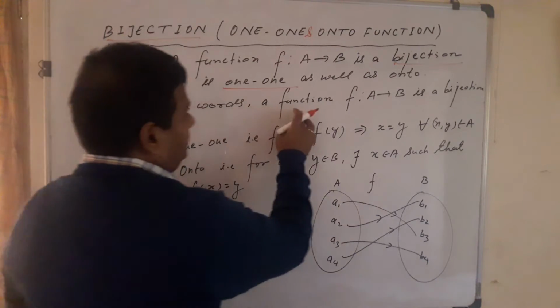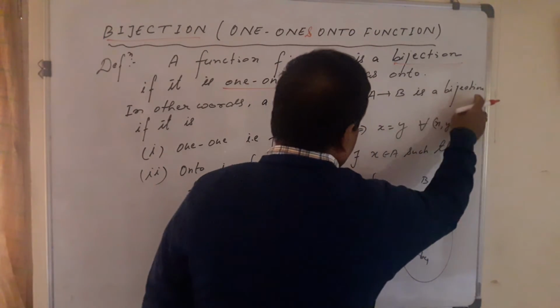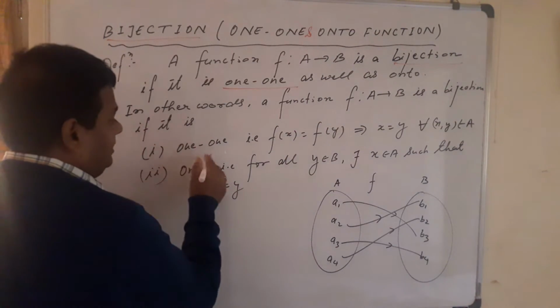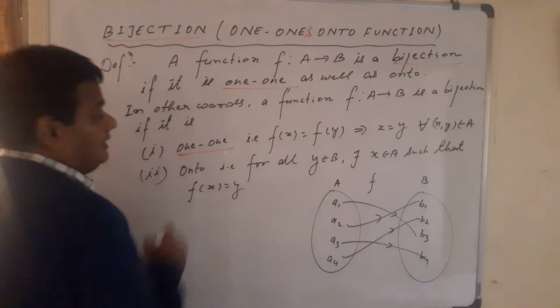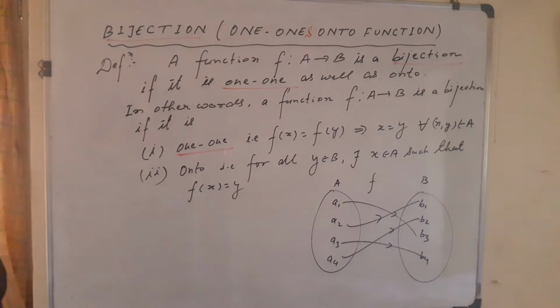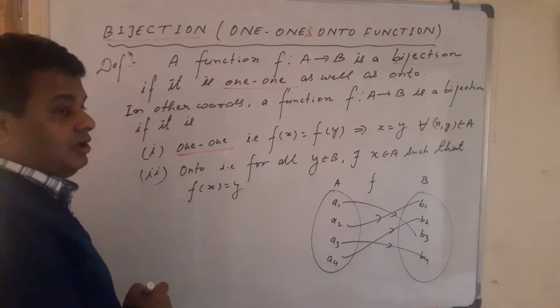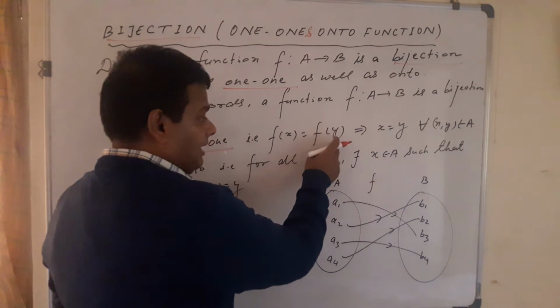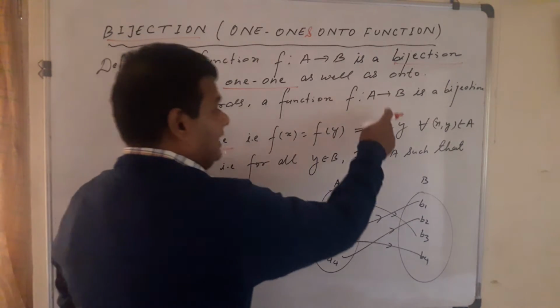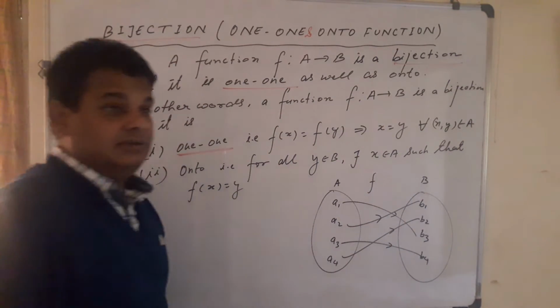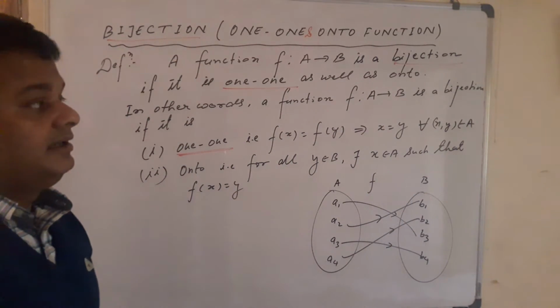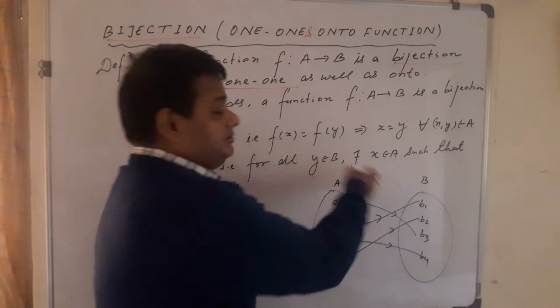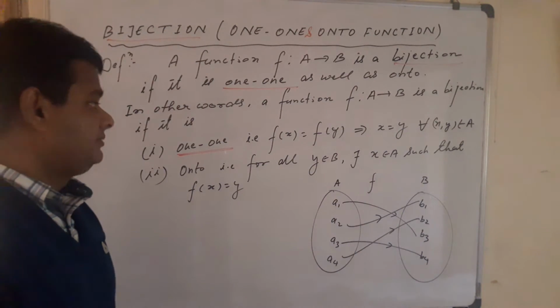In other words, a function f: A to B is a bijection if, first of all, we can show that it is a one-one function. For a one-one function, we take, suppose f(x) equals f(y), it implies x equals y. Then we can say that this is a one-one function.